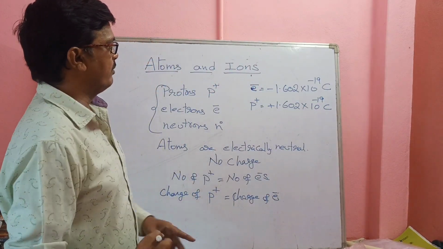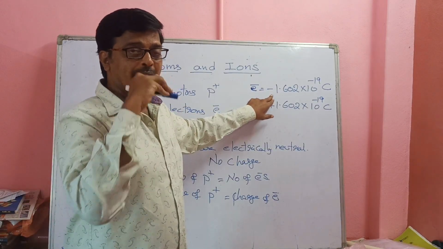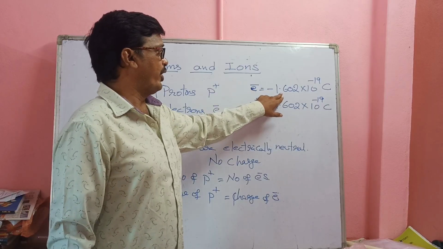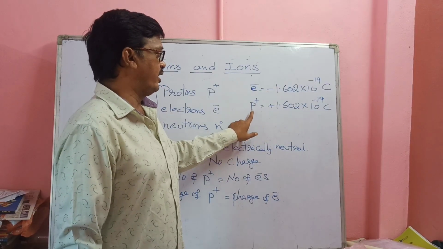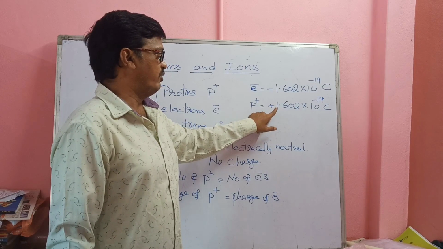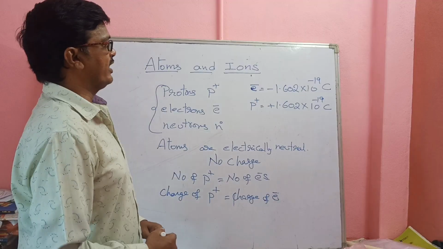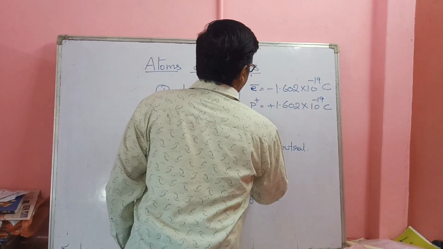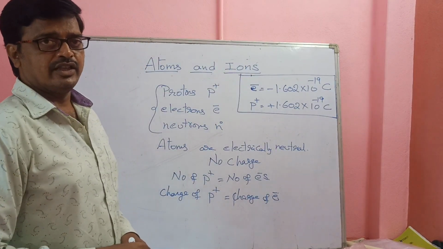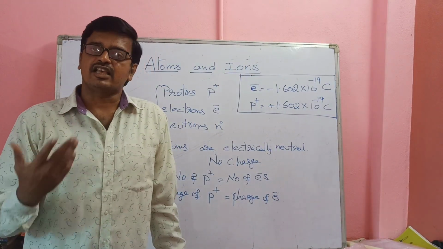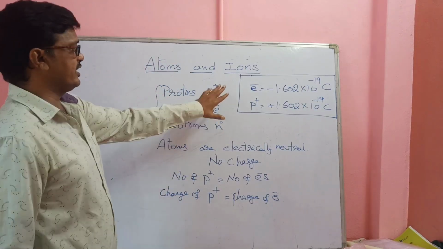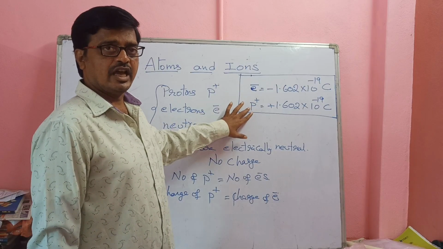Since the electron has negative charge, it is written with a minus. The proton has the same charge but it is positive. These two charges are equal but their signs are opposite.